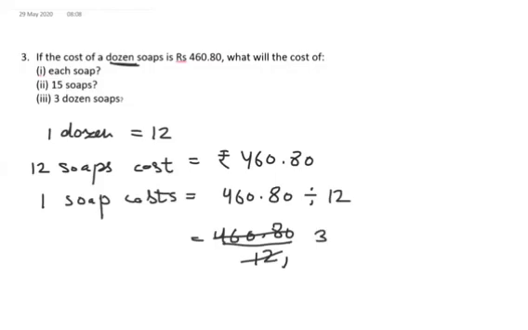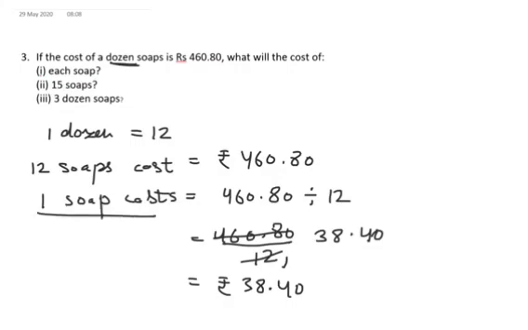Carry 10. 12 eights are 96. Carry 4. 12 fours are 48 and 0 as it is. So the answer is 38.40. Okay, rupees 38.40. This is the price of one soap.